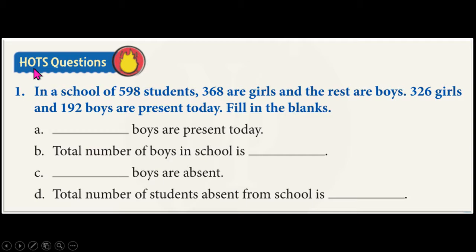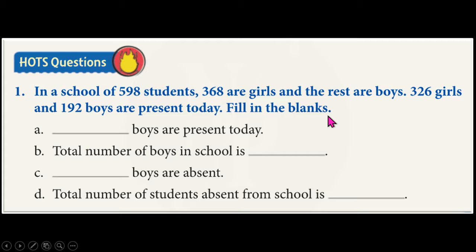Next we have HOTS questions, higher order thinking type questions. Number 1. In a school of 598 students, 368 are girls and the rest are boys. 326 girls and 192 boys are present today.